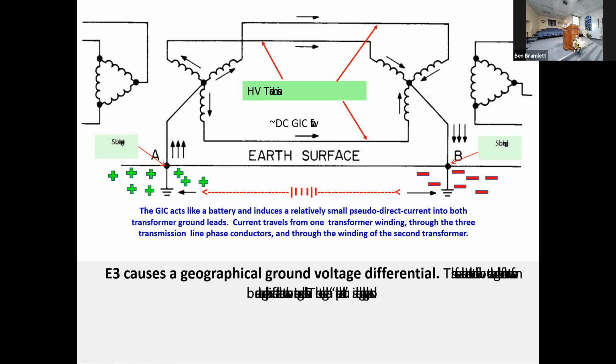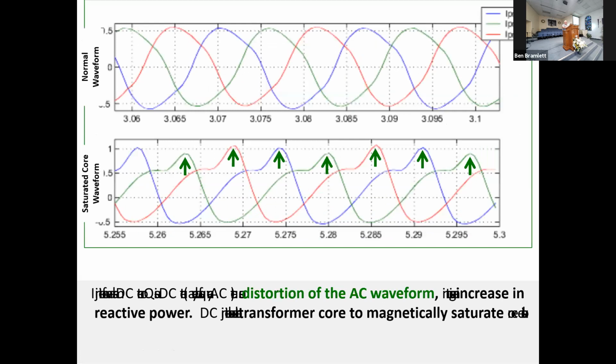And that is really bad. AC transformers do not like DC, okay? The first thing that happens is the DC superposed on the AC causes the waveform shape to change. It distorts it, and that causes saturation in the transformer, and it causes an increase in reactive power, both of which are bad for the utility system.